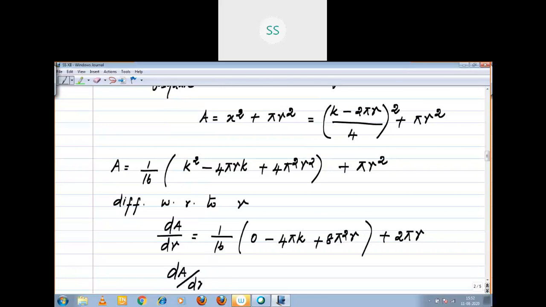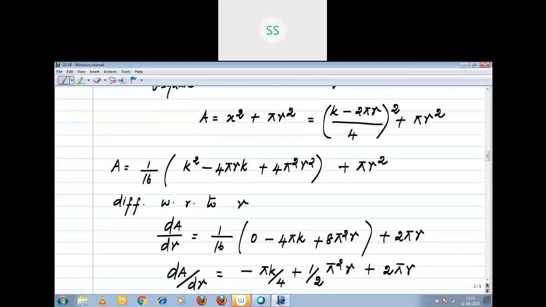dA by dr equals, we are going to simplify first. Minus pi k by 4 plus 1 by 2 pi square r plus 2 pi r. Got it, children? You are simplifying by multiplying with the 1 by 16.